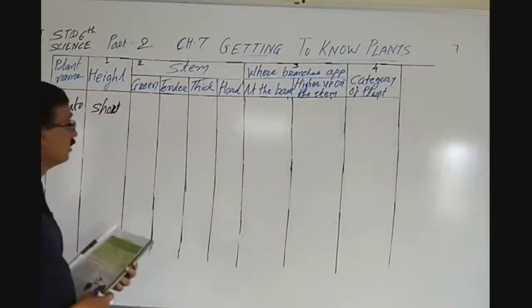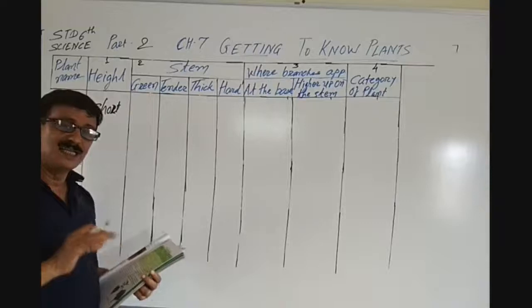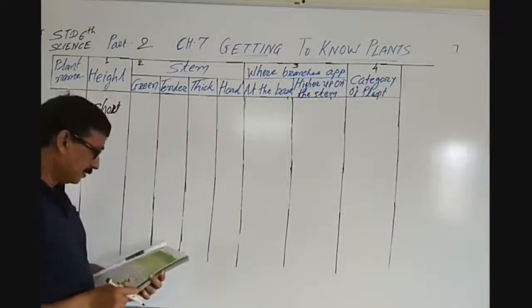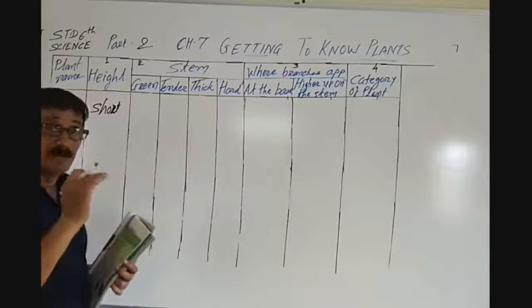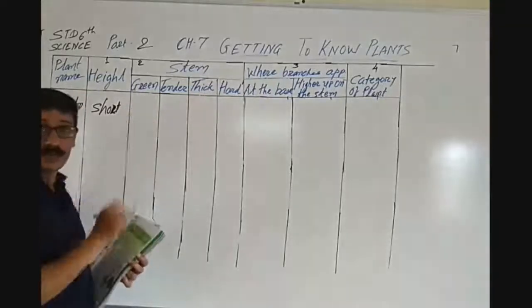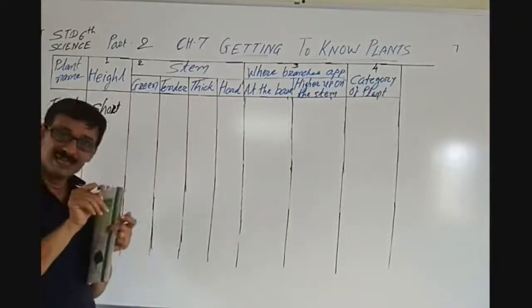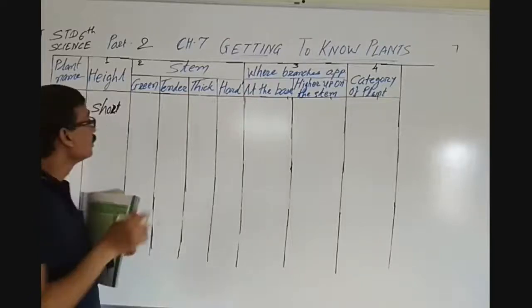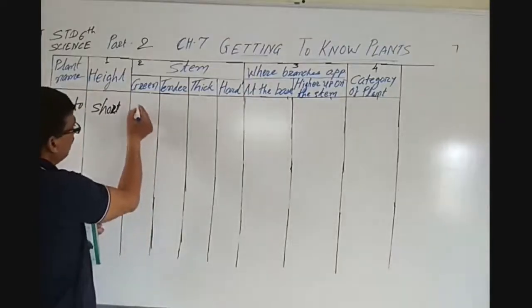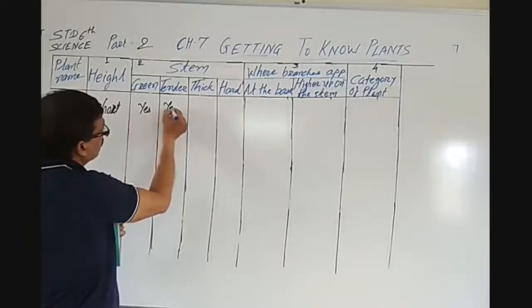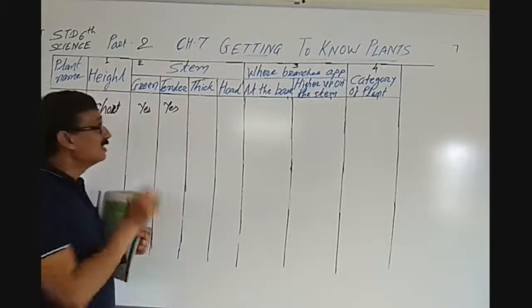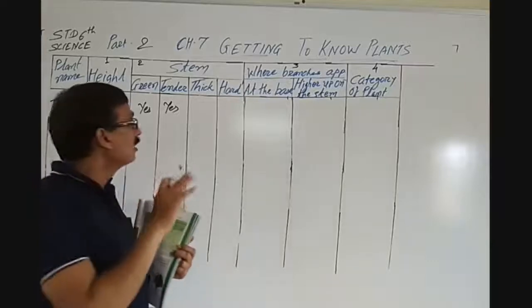Instead of writing small, we can say it is short. Now the stem of the plant is green and tender. If you bend it, it will bend very easily. So it is green, yes. Is it tender? Yes. It does not used to be thick or hard.